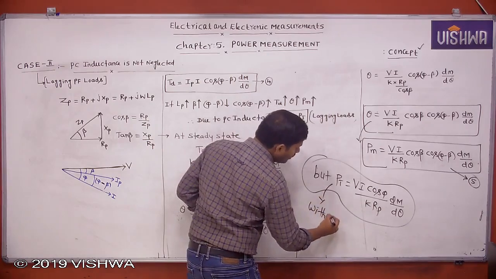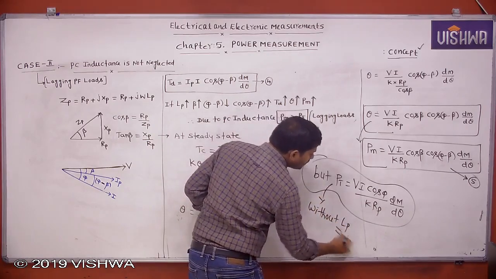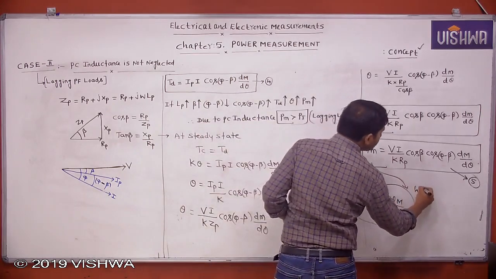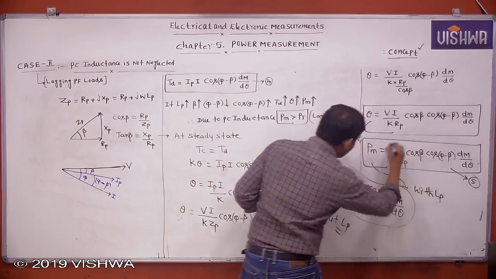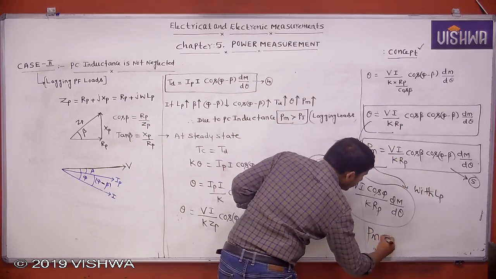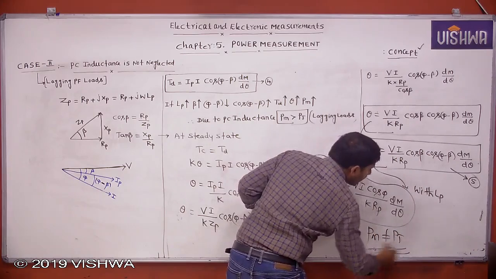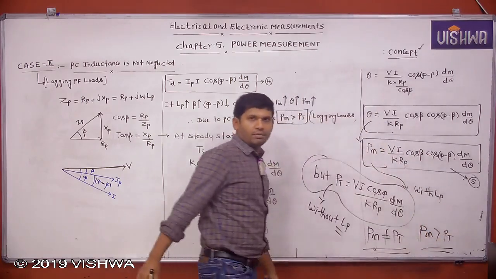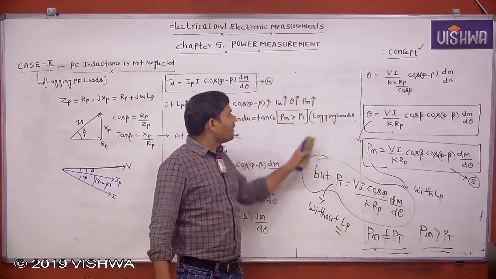And this is the assumption of with LP. But is measured power equal to true power? No. Measured power is not equal to true power, but measured power is greater than true power. This I already explained because of lagging loads.